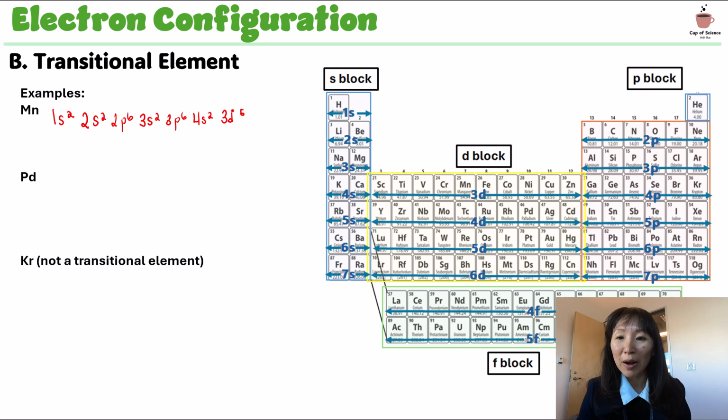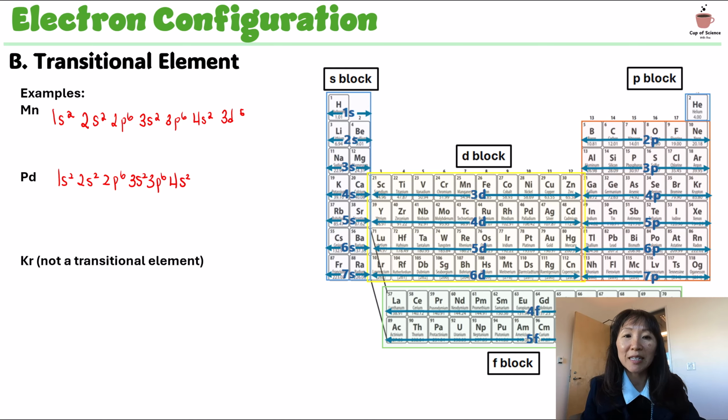Now we're going to try for palladium, Pd. So where is Pd? It's located in number 46, right here. So you will have to write starting from here again, all the way up to Pd. Now I will write just up to 4s, and then it will go on from there.